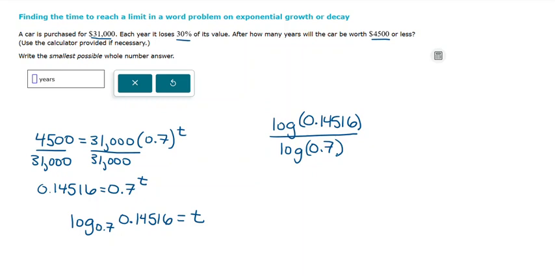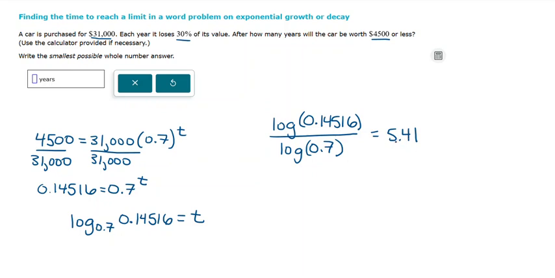And I get 5.41. Now, with this problem, the rounding is a little bit different because they're asking us to write the smallest possible whole number answer. So you don't round the way we normally do, where anything less than 0.5 would round down.